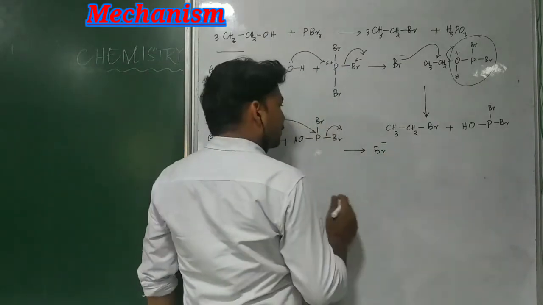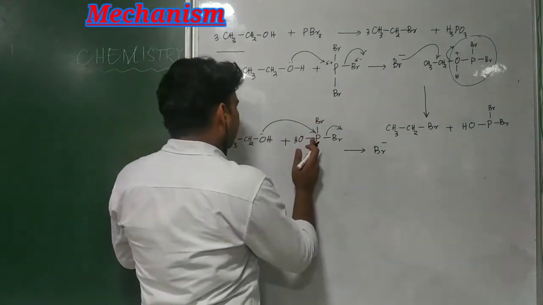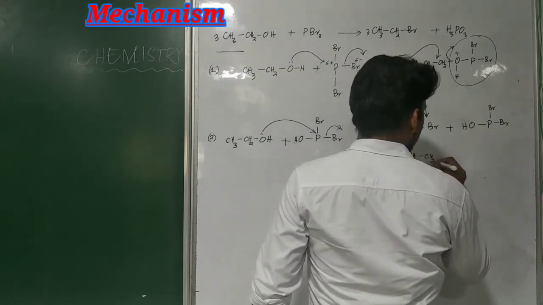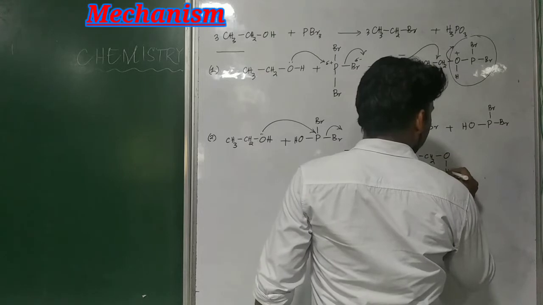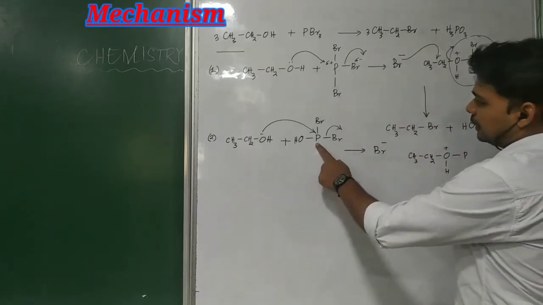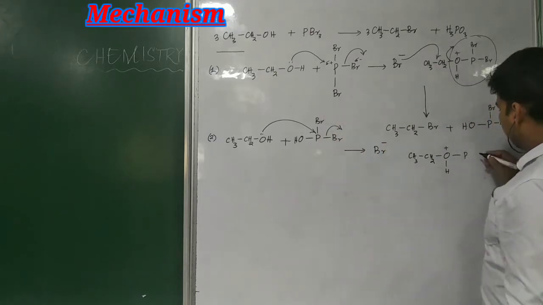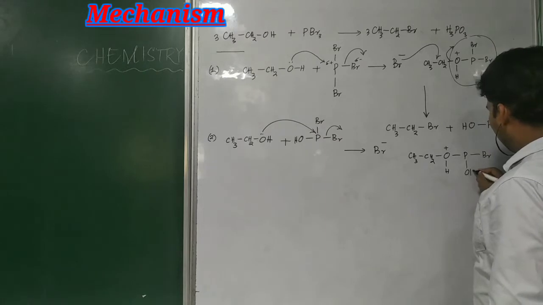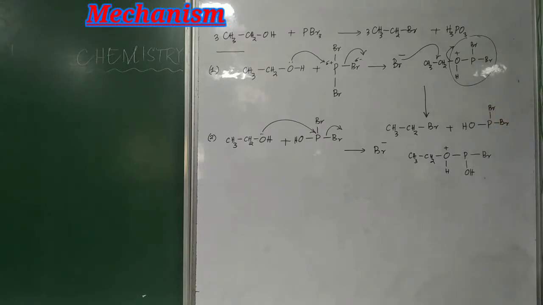In the incoming steps, the remaining species present here, CH3CH2OH, P. This phosphorus now contains only one bromine and one OH group.